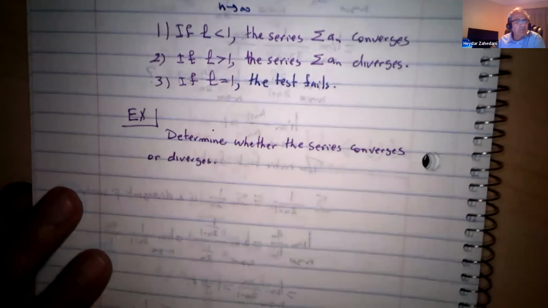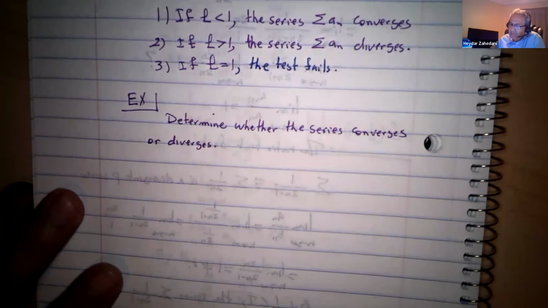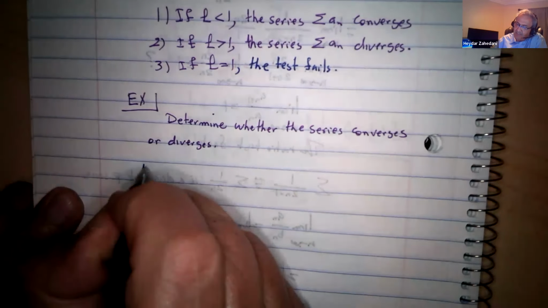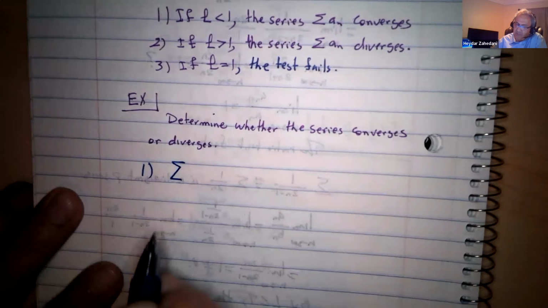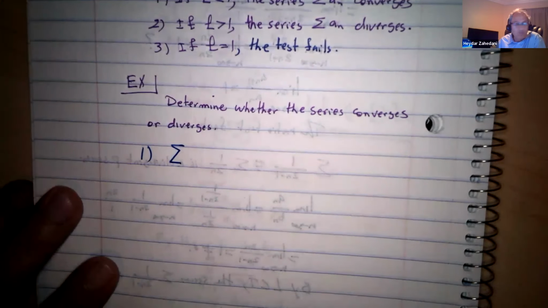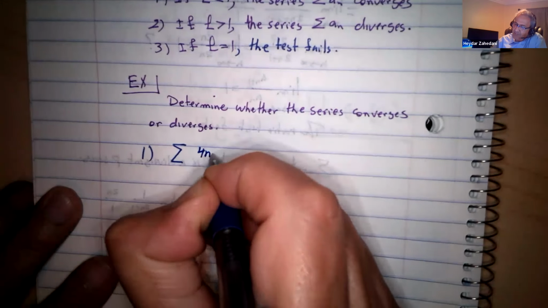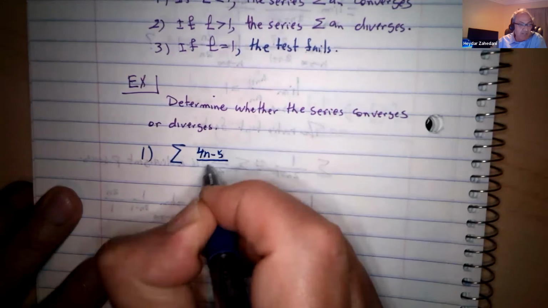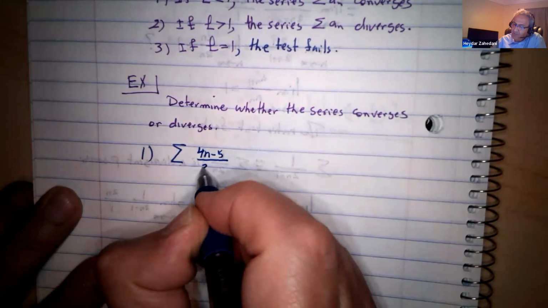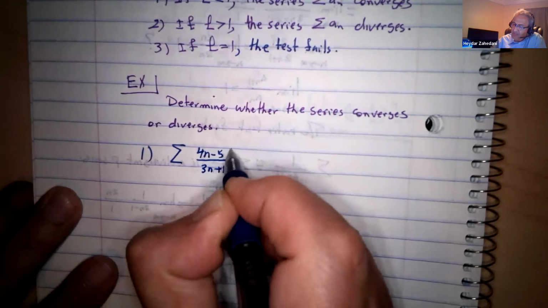This is going to be the one. And now you see the way we are going to realize this must be used. You must use the root test. Look at this one: sigma of (4n minus 5 divided by 3n plus 1), everything to the n.